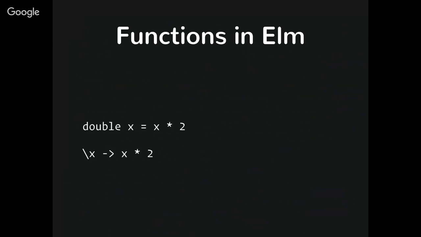So for functions in Elm, we'll go back to here. The idea is that the function name is the first thing you see, double. Then there's a space followed by the argument list, and all of the arguments are separated by spaces. The idea behind that is that because functions are the low-level primitive of ML family languages, they require the least amount of syntax to use.